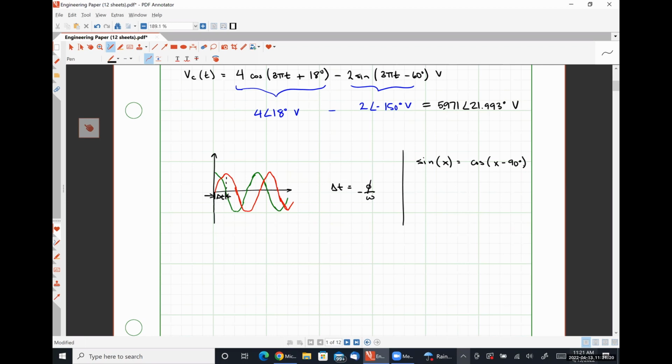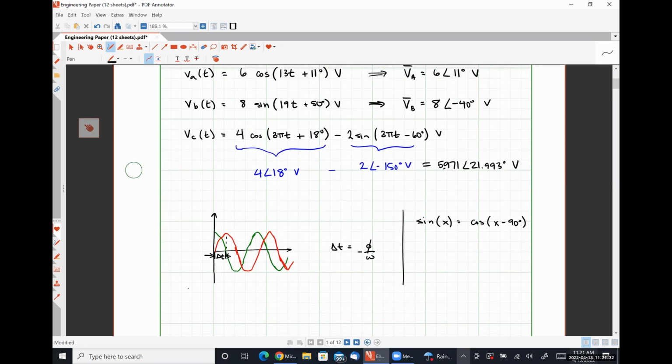All right, so I feel like we have a grasp on how to convert from a time domain signal into the frequency domain. Going the opposite direction is rather trivial. We take the magnitude, we take the phase angle, and we just put in whatever angular frequency we're working at. To go from the time domain to the frequency domain, we keep the magnitude and the phase angle of the cosine function, and that's the information that gets put into our phasor.